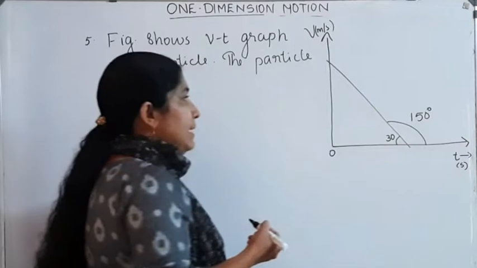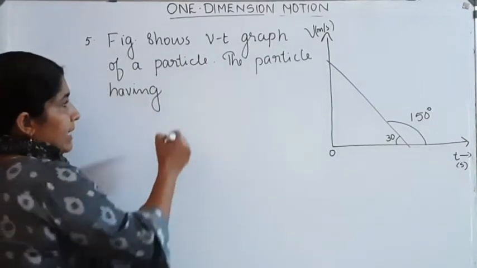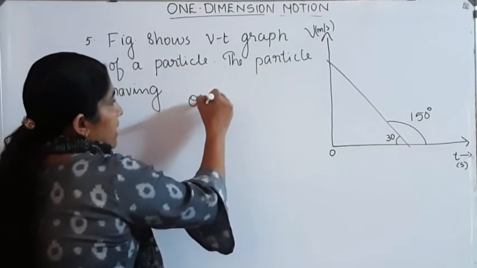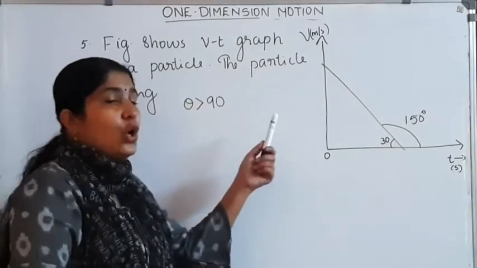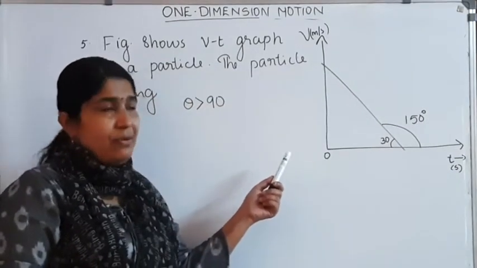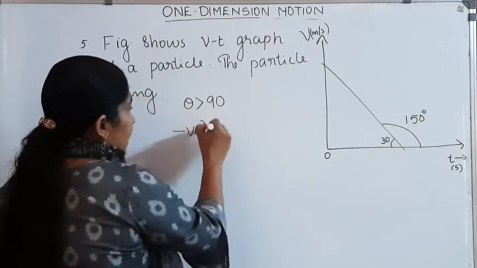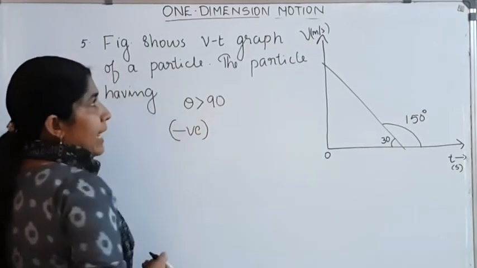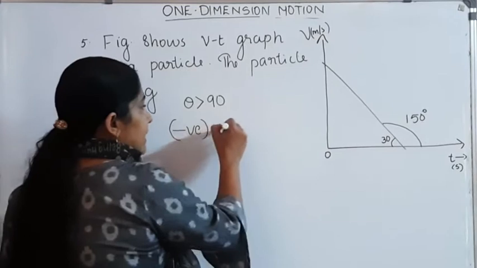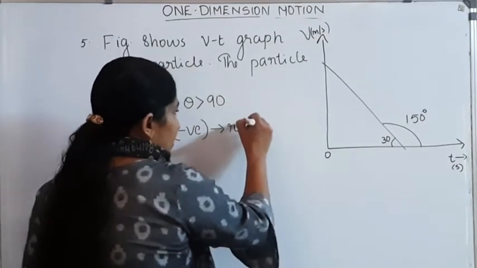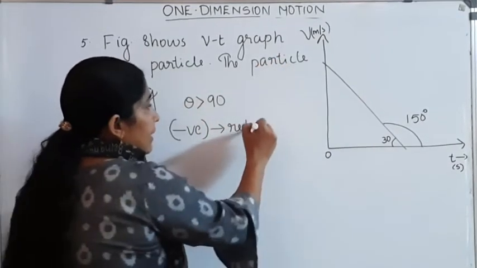The angle theta is greater than 90, so the slope of the graph is negative. Negative slope of velocity time graph indicates that it is retarded motion. Particle is in retarded motion.